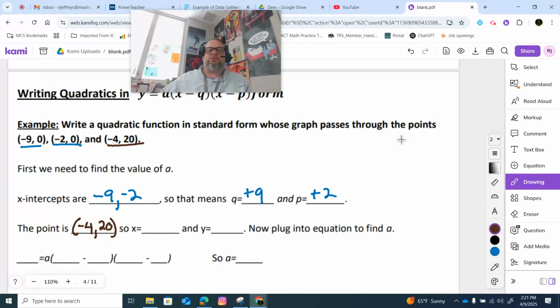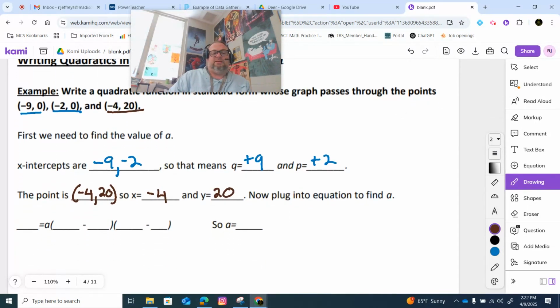Write a quadratic function in standard form whose graph passes through the points. All right. We will know that this is the point because it doesn't have zeros as y values. So x is -4, y is 20. All right.